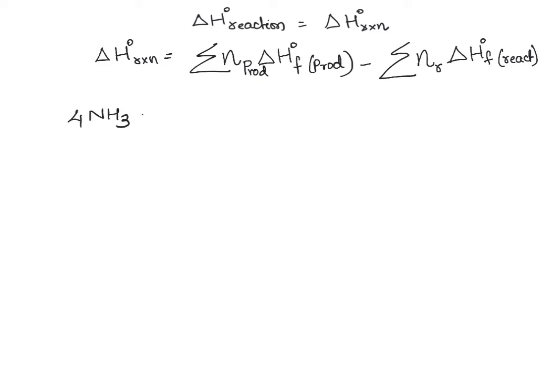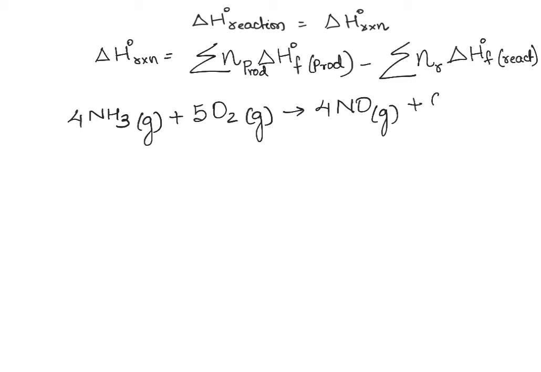As an example, let's say we're given a reaction: 4NH3 gas plus 5 oxygen gas yields 4 nitrogen monoxide gas plus 6 water vapor. And we have to find out delta H for this reaction at standard conditions.